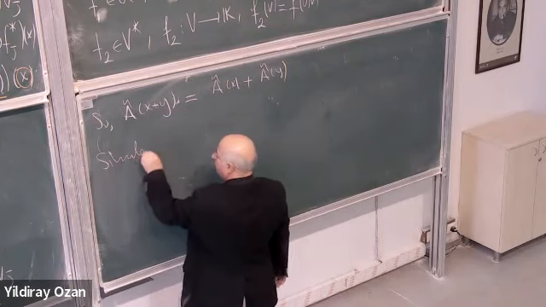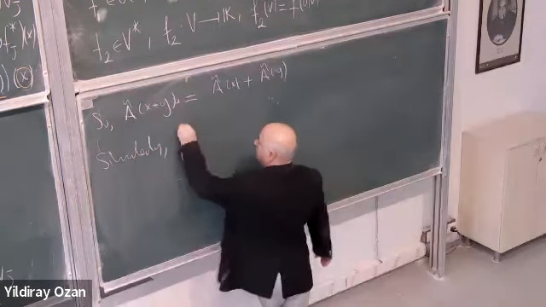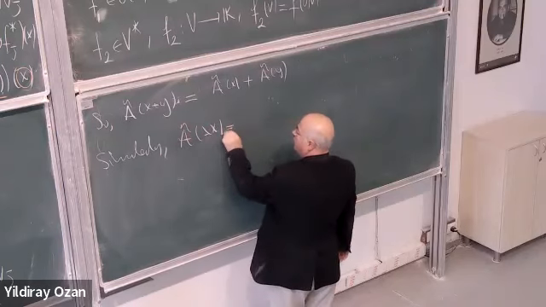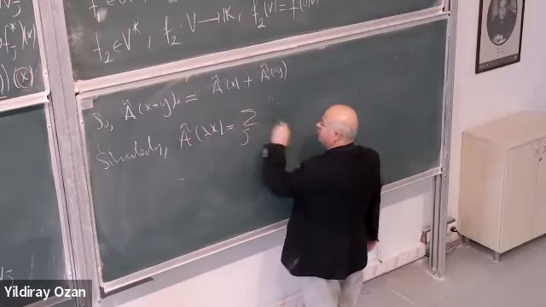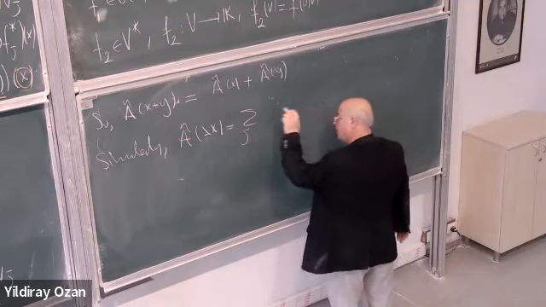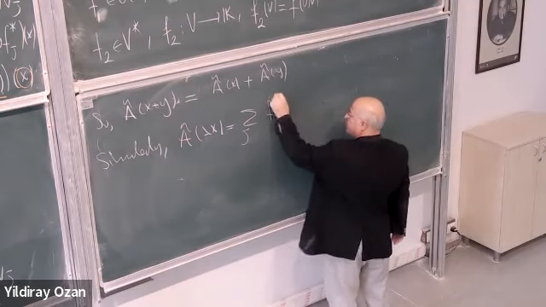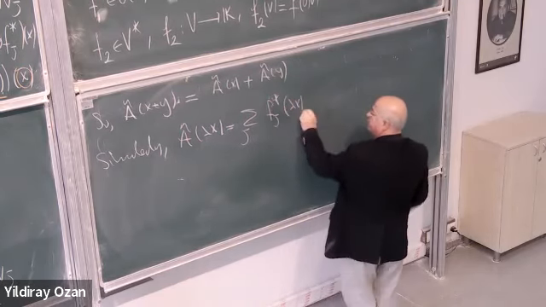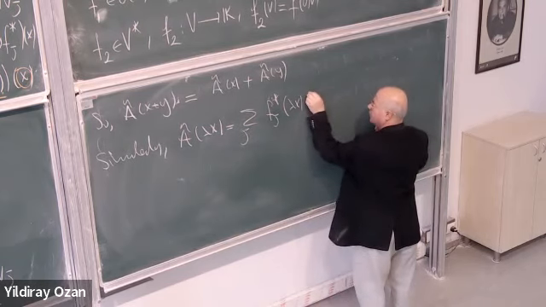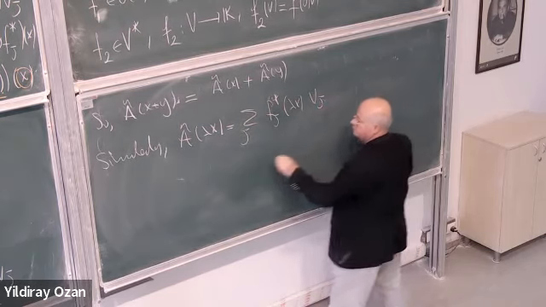Similarly, A hat of lambda X. Well, what is this? This is just the summation of Fj star of lambda X times Dj.